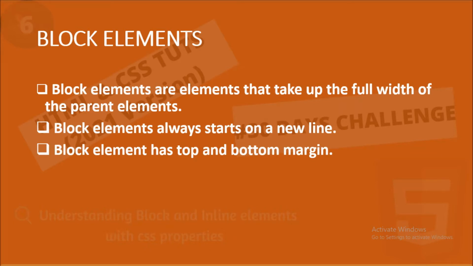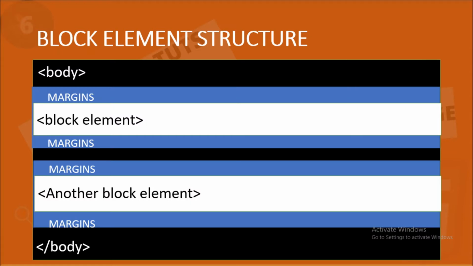Block elements also start on a new line, and this makes sense because a block element takes the full width of the parent element. Also, block elements have top and bottom margins, and margins are more or less like spaces around the elements. To explain further, we'll use this diagram here. So this is the body tag, and inside this body we have the block element. The block element is taking up the full width of the parent element, which is the body element.